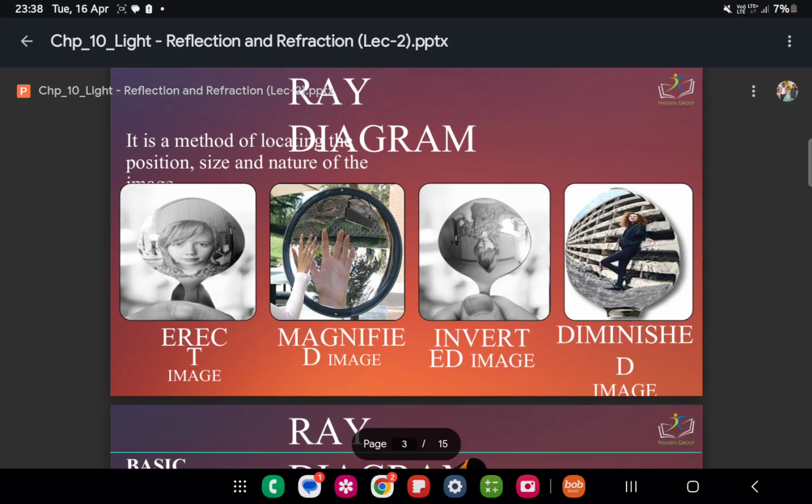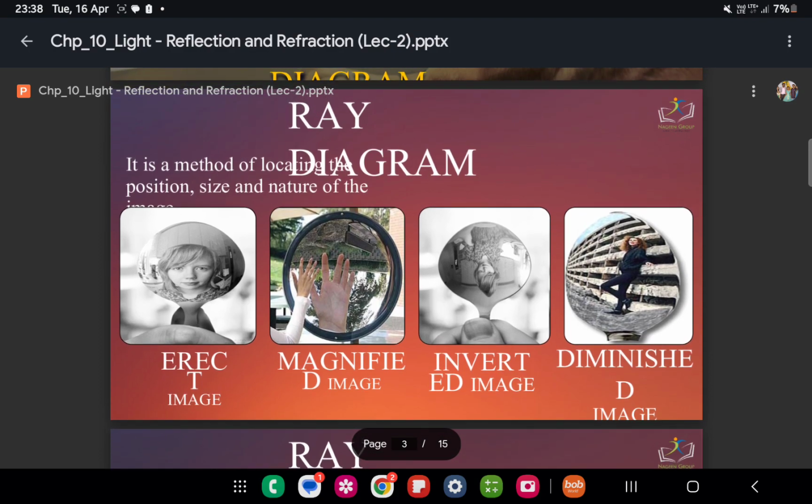Here we will see some spherical mirrors and how the image is formed. First, we observe the spoon, a utensil we use daily. In the spoon you use, when you see your face it looks like an erect image.